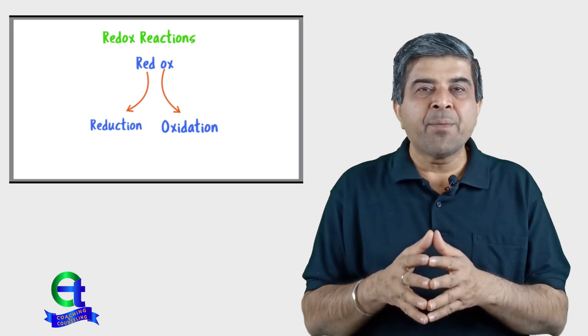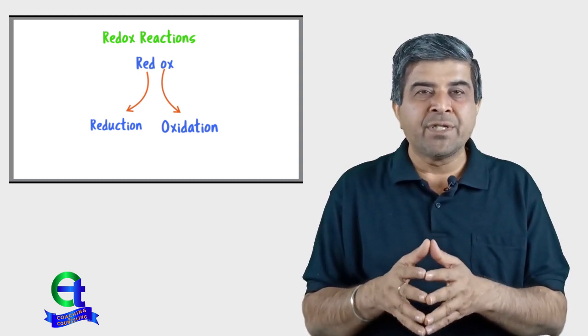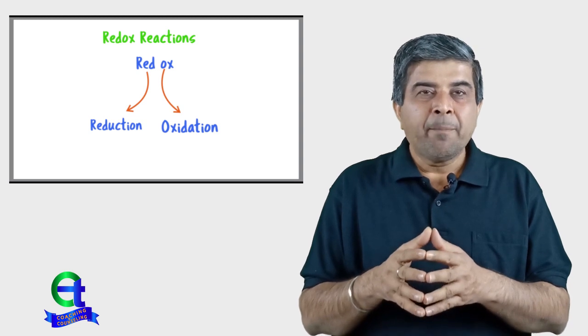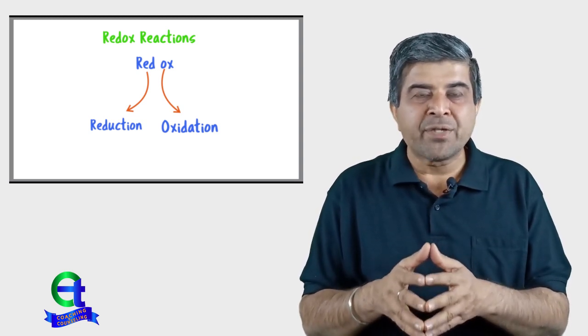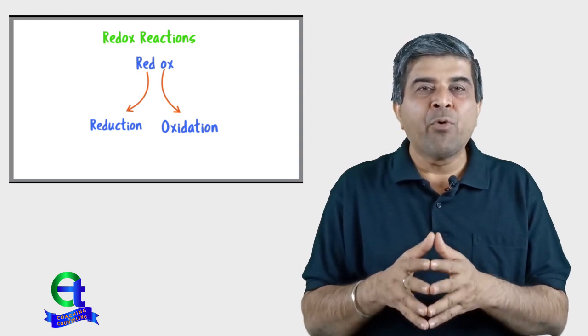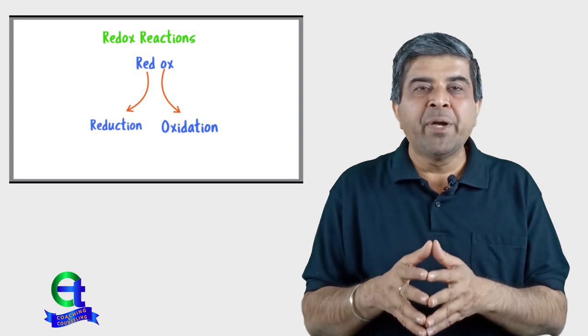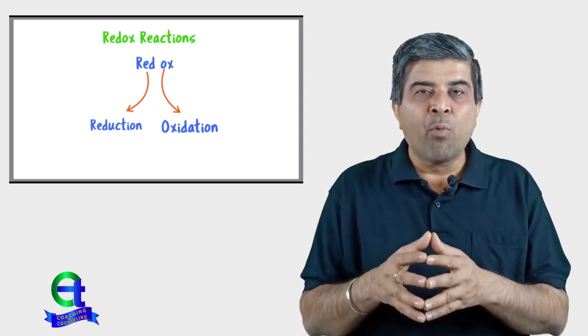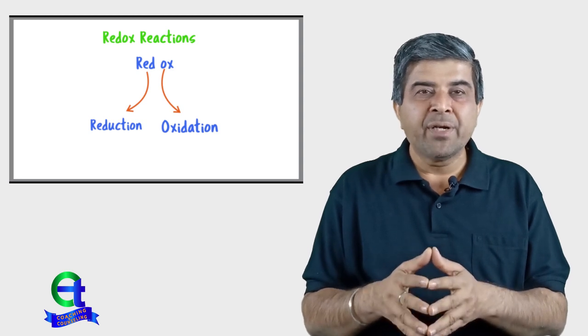Similarly, oxidation is a process of addition of oxygen or removal of hydrogen. Nowadays, the electron concept is used for explaining redox reactions. In this video, I am not going into details of the electron concept as I would be doing a complete module on redox reactions in the near future.